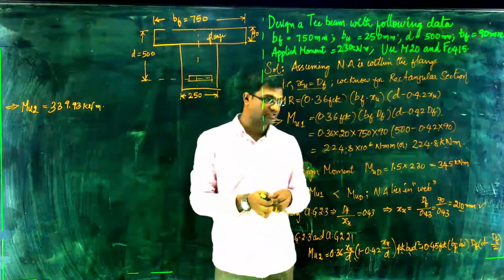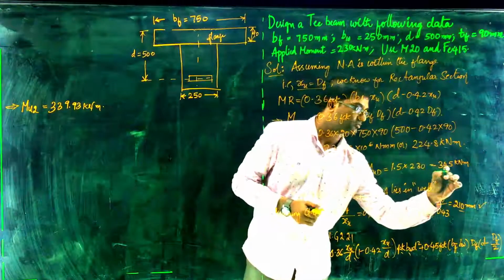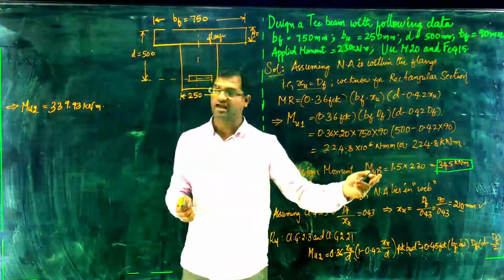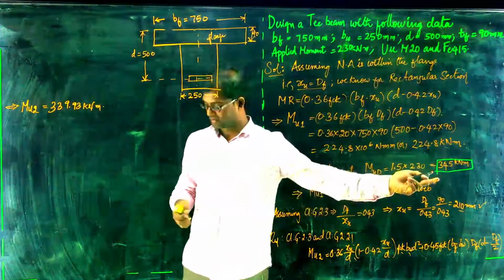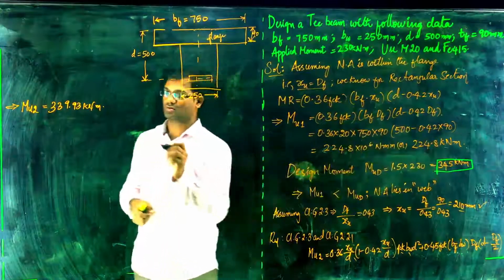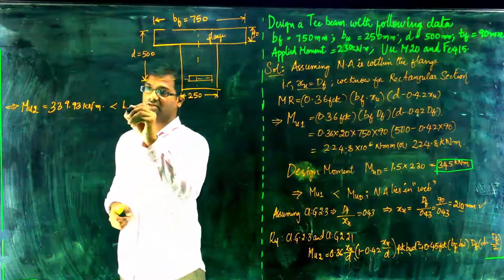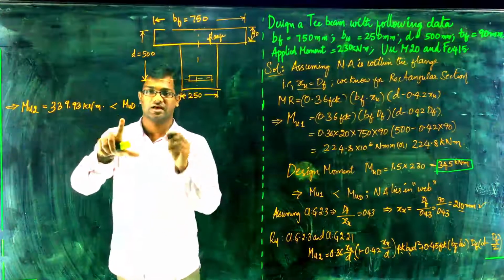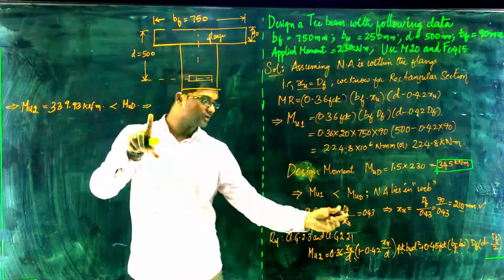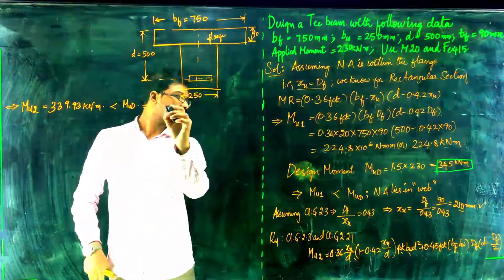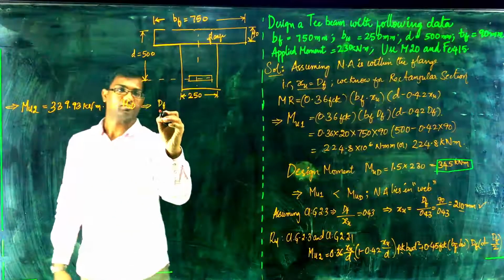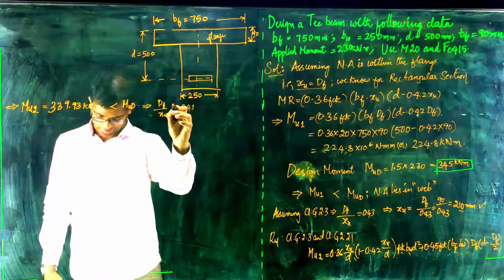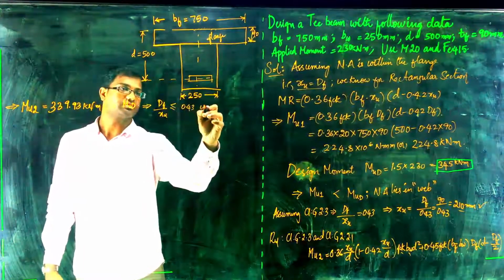Now how much is our design moment? The design moment is this much. So we have noted that the design moment 345 is more. Hence whatever we have assumed here, that is Df by Xu of 0.43 we have kept, should be less than or equal to is true.